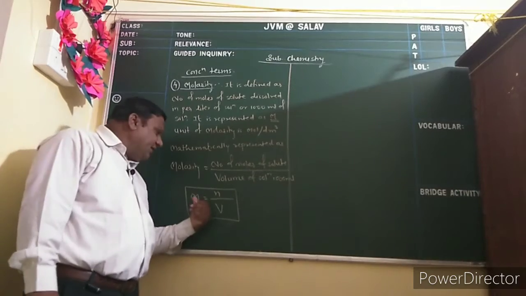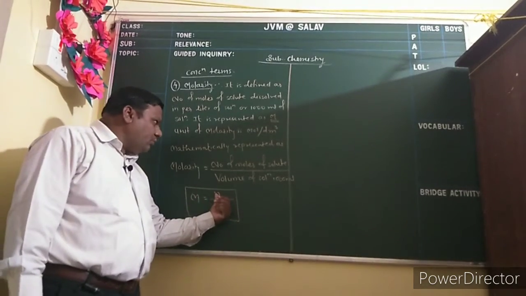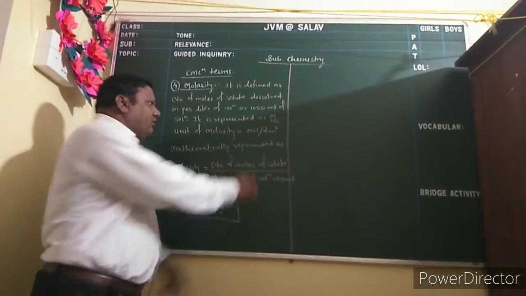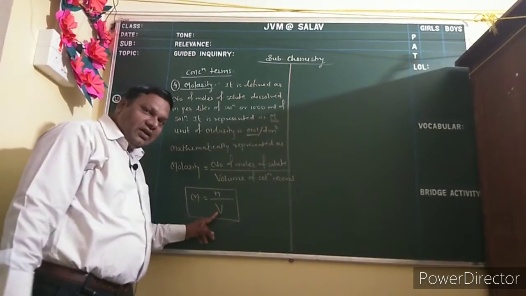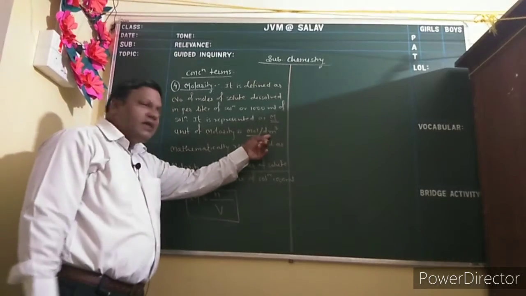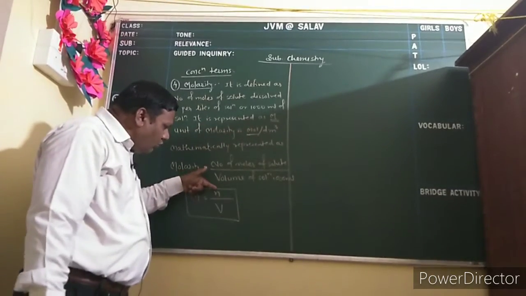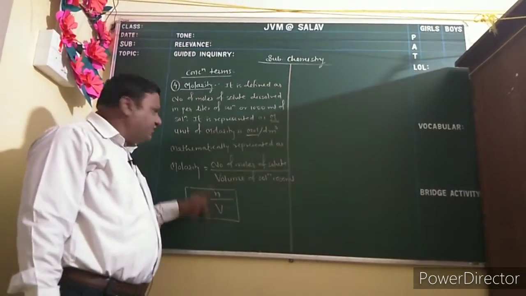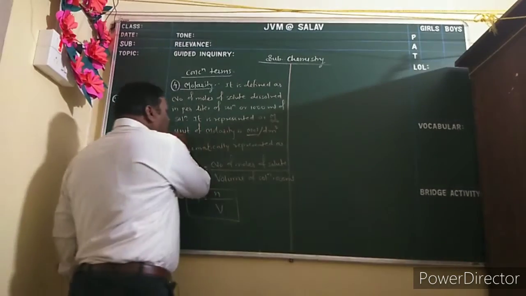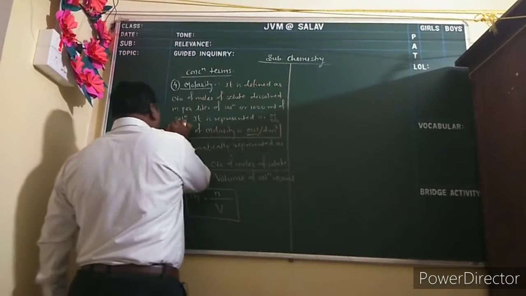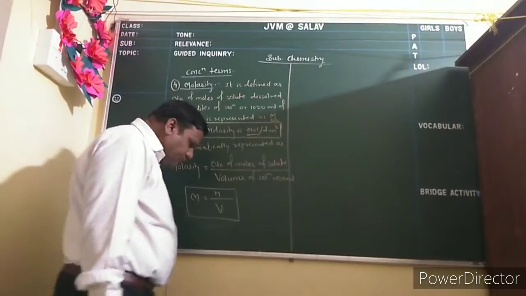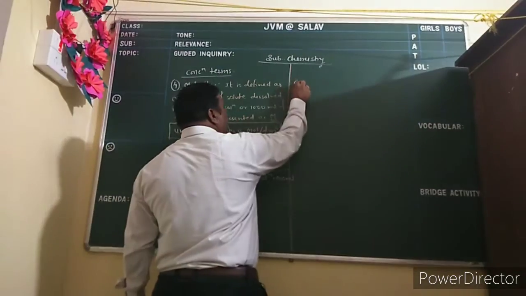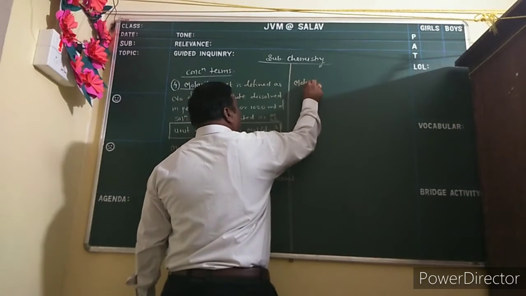Is it clear? And therefore its units: number of moles is in mole, and volume is in liter, that is dm cube. So the unit is mole per dm cube. Is it clear? Then there is another formula.